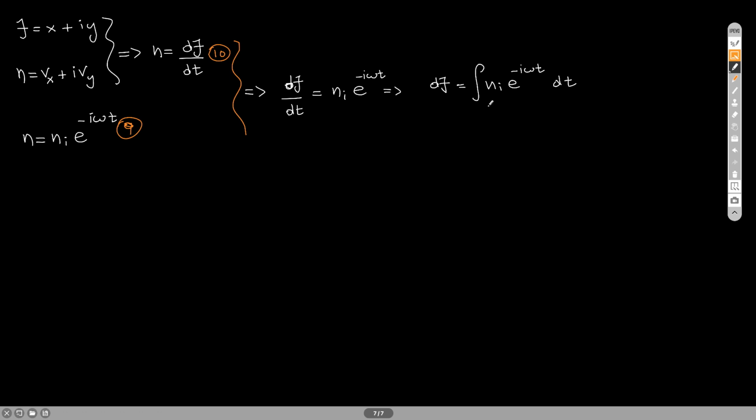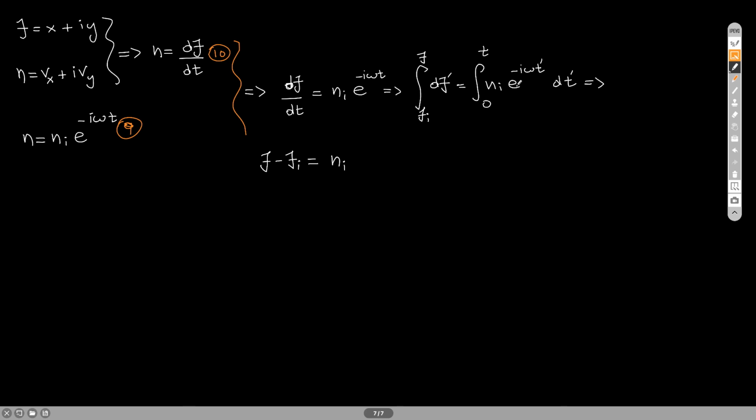I will integrate this from 0 to t, so I'm going to change that symbol to a t prime, and this goes from xi initial, which is related to the initial position of the particle, to xi final, and I will change that to add the prime. So this will give me xi final minus xi initial. Now eta initial is a constant dependent on the initial velocity of the particle, so it is a constant.